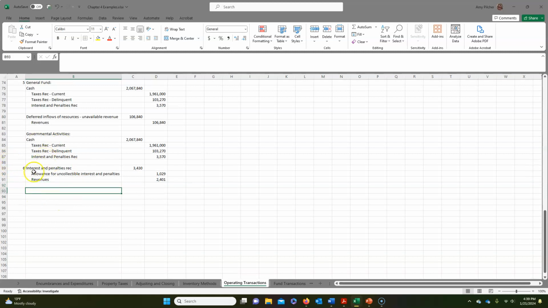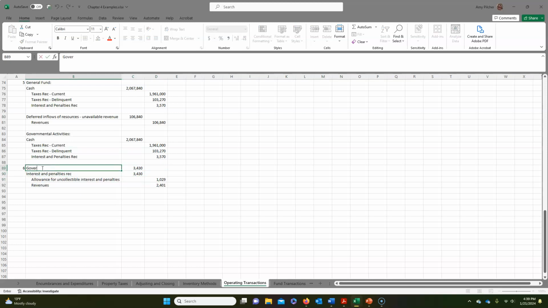And then, so that was under, I'm just going to move all this down one and put governmental general fund. And then we'll do the governmental activities. So we have interest and penalties receivable of $3,430.